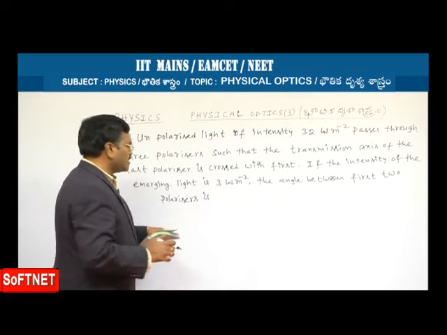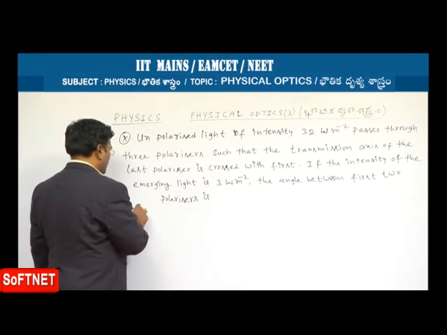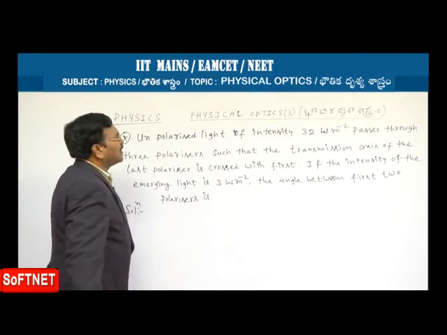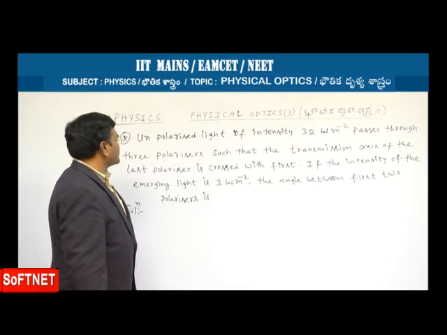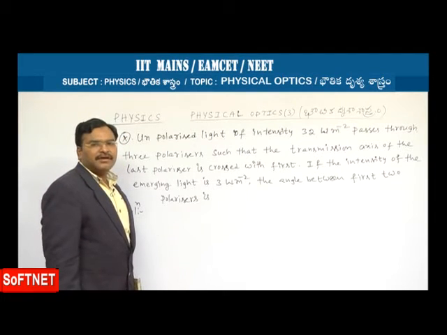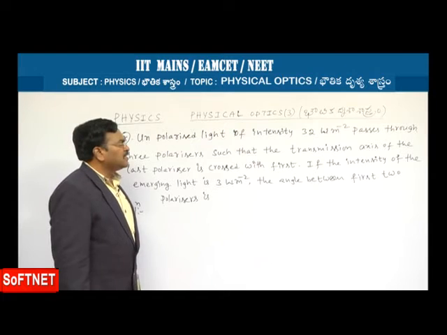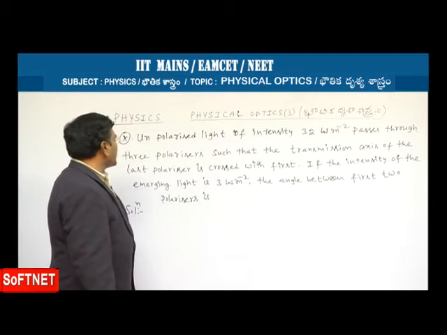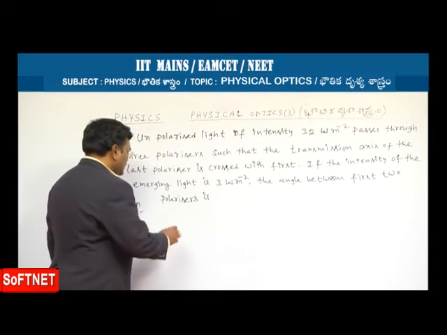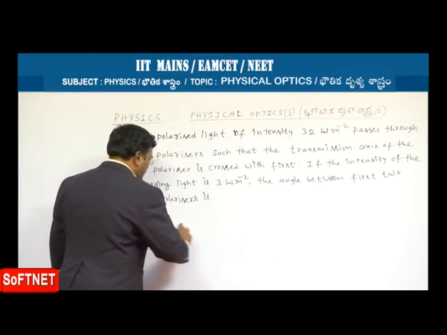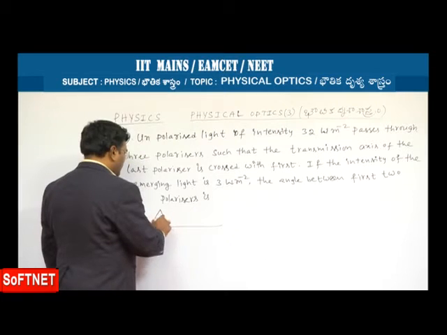First you understand the question. Unpolarized light of intensity 32 watt per meter square passes through 3 polarizers. We have 3 polarizers. Here the transmission axis of the last polarizer is crossed with the first, like this. This is the first one.